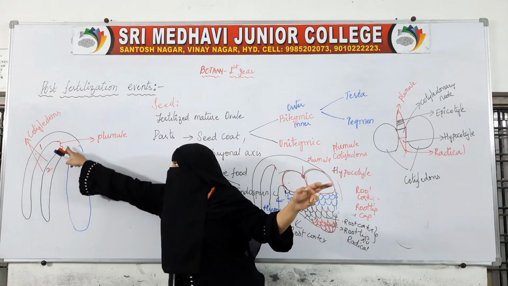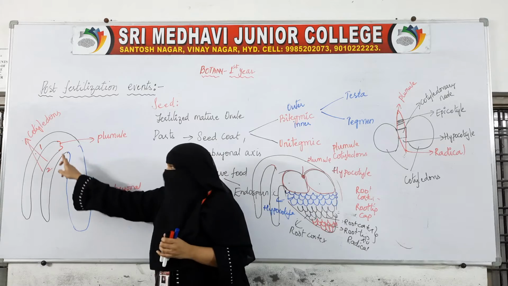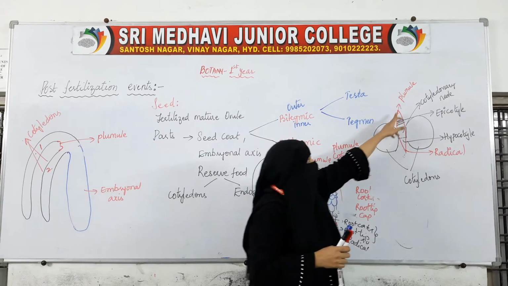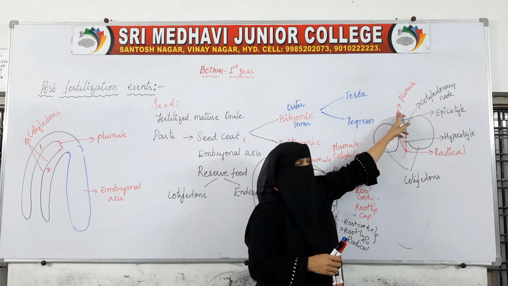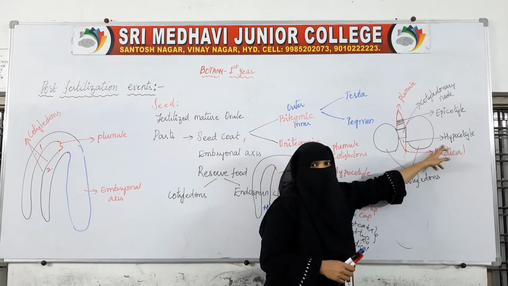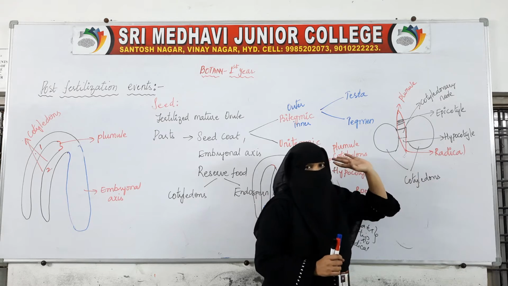So two cotyledons, then the plumule which is above the cotyledonary node. Just above the cotyledonary node is the plumule. So epicotyl is there and the plumule is there, and below this cotyledonary node we have the hypocotyl, and this is the radicle.